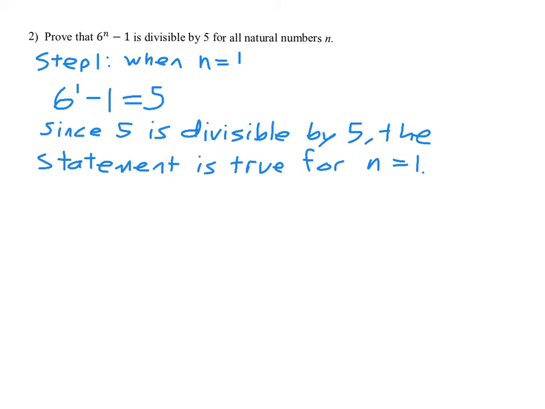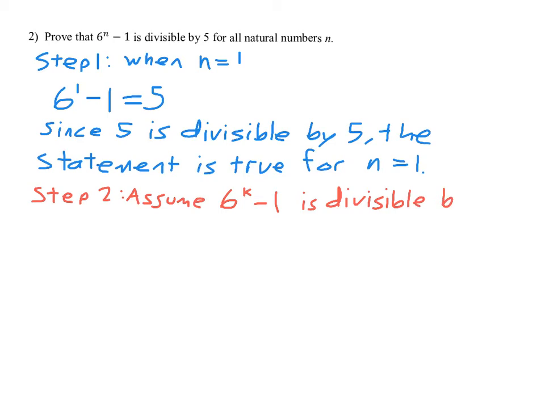Okay, step 2. We're going to assume that 6 to the k minus 1 is divisible by 5. And let's clarify what that means.